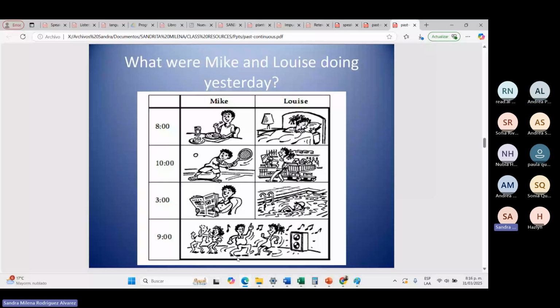Okay, and what were they doing at 9? They were dancing. They were dancing. Very good.